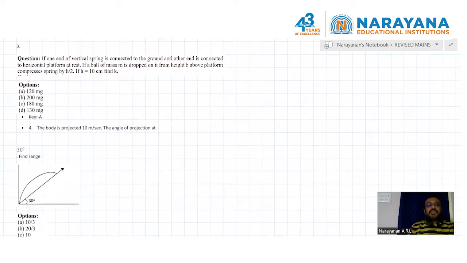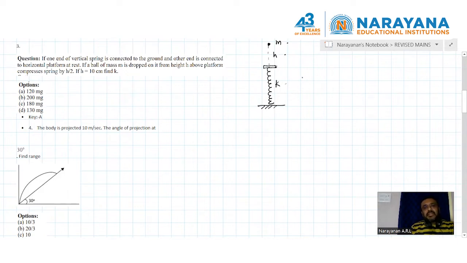Now there is one more question. You have a vertical spring being connected to the ground. So this is the ground, and a vertical spring is connected to it with a horizontal platform, which is kept at rest. You have a ball being dropped from a height of h.